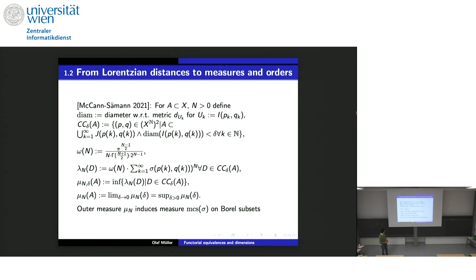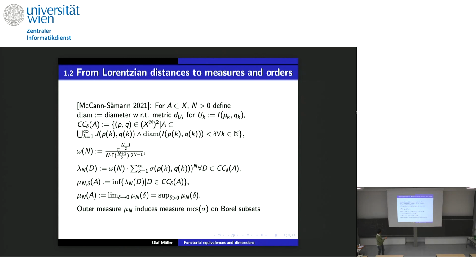Now, what is this functor from distances to measures and orders? I don't want to say too much about it, because it will be in Clement's talk as well, I suppose. But just this one transparency. You take a diameter with respect to local subsets, for example this Noldus-type metric, and you take all causal coverings by diamonds of local diameter not exceeding delta.